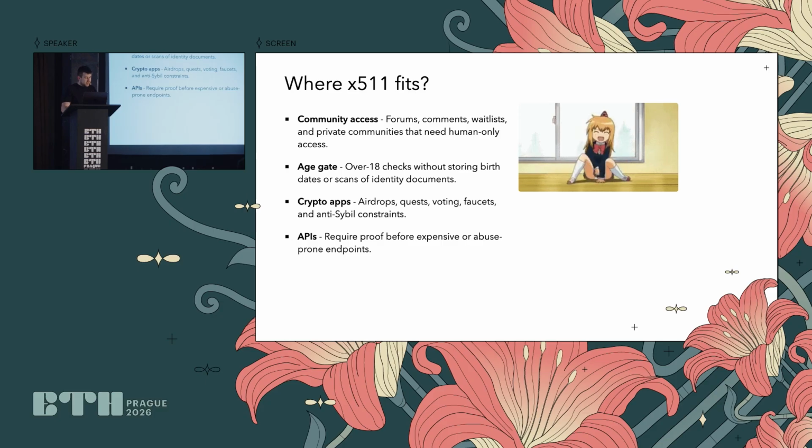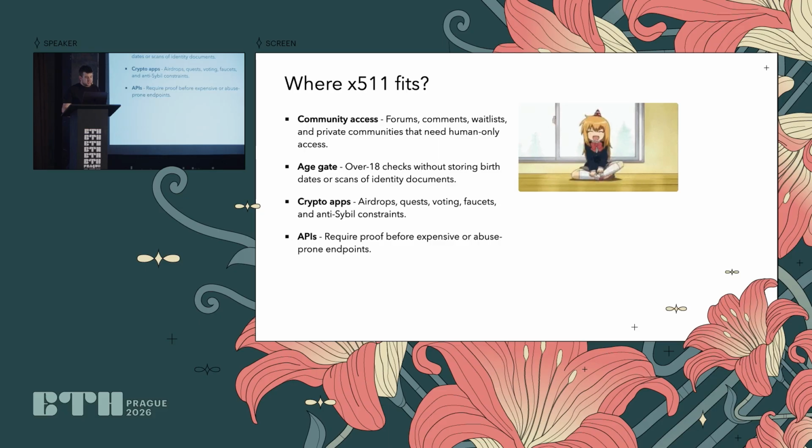So where X511 fits depends on your use case. You can prove you are human on various Discord servers, so you don't need to farm for engagement. You can do age gating, so instead of the EU having their own app, you can just use X511 to do that. And it works.